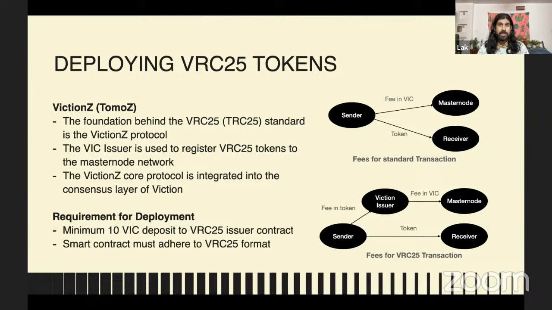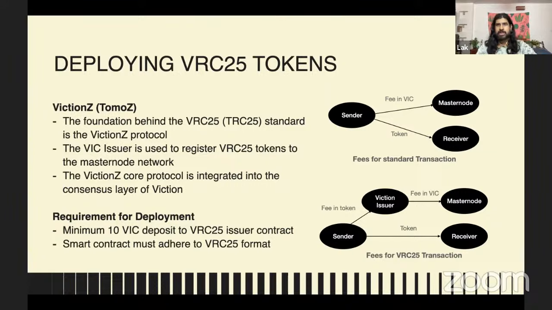You can find that contract on GitHub. When there is a transaction call to the VRC25 token, the gas fees will be paid by this project owner. And once the VIC is exhausted in this contract, it's up to the project owner to top this back up, and otherwise, transactions will be sent normally.